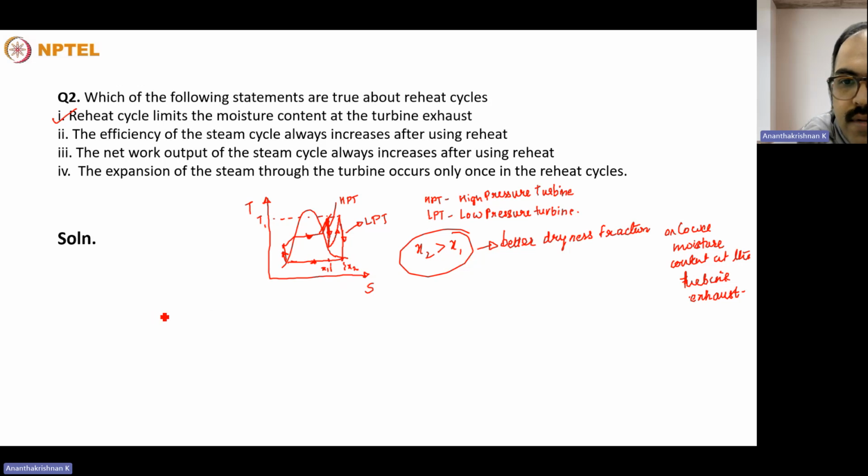So what happens is that for a cycle, the cyclic integral of Q is the same as the cyclic integral of W. Since these two are isentropic processes, there is no heat addition in these three processes. These are the pump input and the work output in the two turbines, the high pressure turbine and the low pressure turbine.